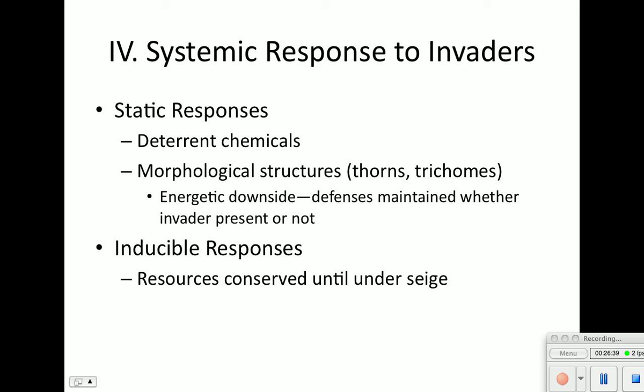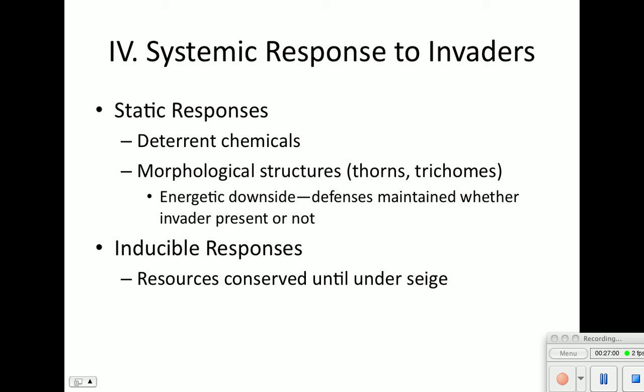Systemic responses, there are two types. Static responses, which means that they'll release deterrent chemicals to warn away the insect or the herbivore or whatever is attacking them. This also includes morphological structures like thorns and trichomes. There's an energetic downside because these structures cost a lot of energy.